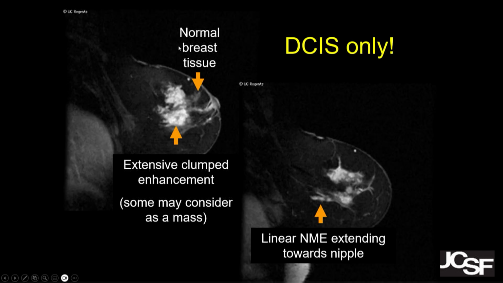I also show you, those of you who are paying attention, there is additionally this enhancement that goes up to the base of the nipple. Now, a lot of times you'll see T1 bright signal, so you're going to confirm that on your pre-contrast T1. But these are pertinent findings to alert the surgeon to, that the enhancement in this case, I would say, goes to the nipple base. It doesn't go into the nipple, but it does go to the nipple base. And so all of this was DCIS.